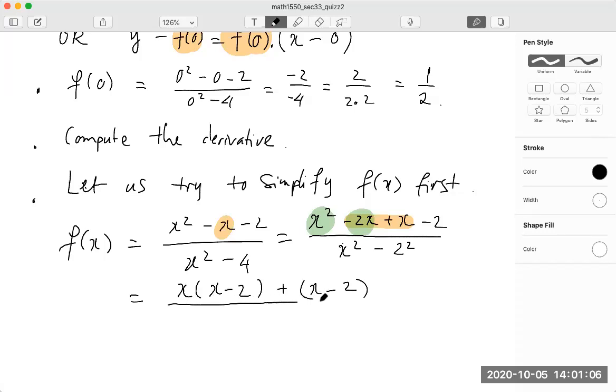The denominator becomes what? X plus 2, x minus 2. Very good. Thank you. Who was that? That was Eddie. Thank you, Eddie.